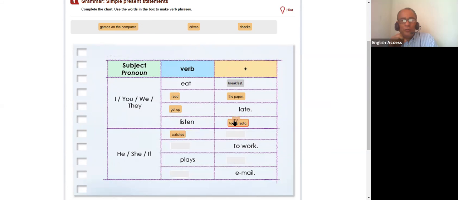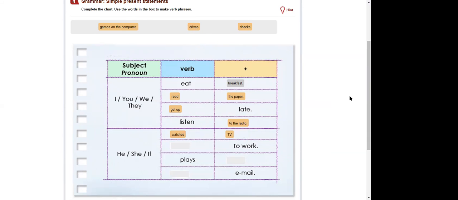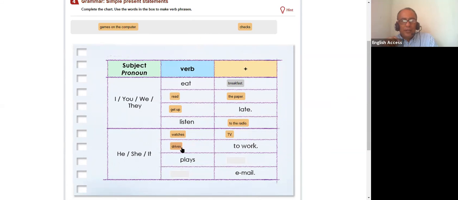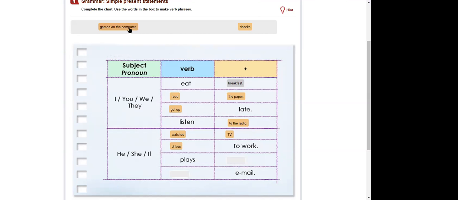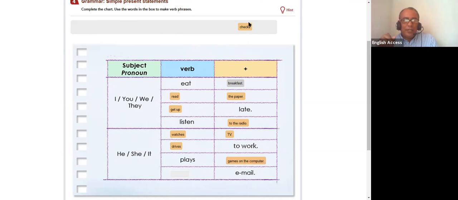Now you do number 2, Fatima. He, she, or it. Drives to work. Very good. Pacheco, he, she, it plays games on the computer. Exactly. And finally, Fatima, he checks email.